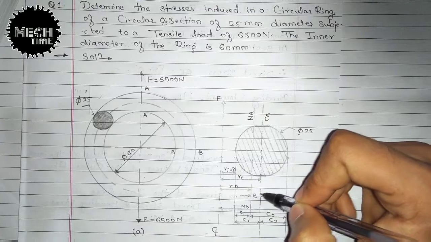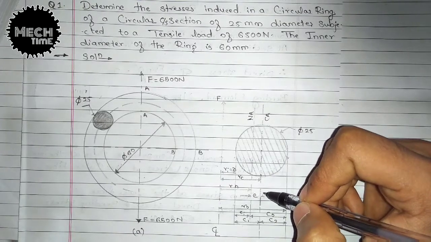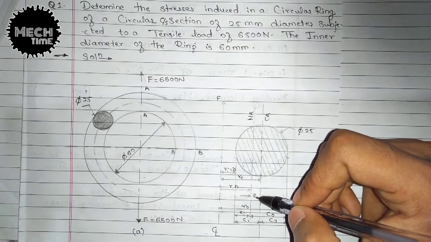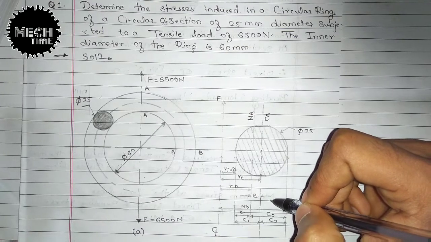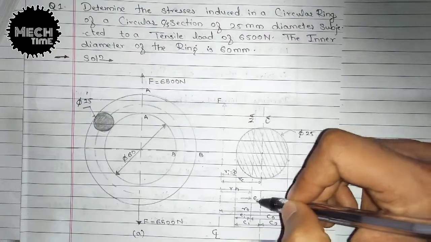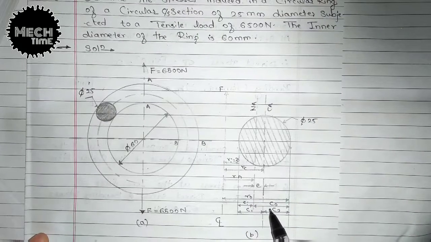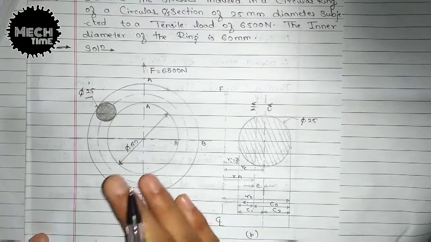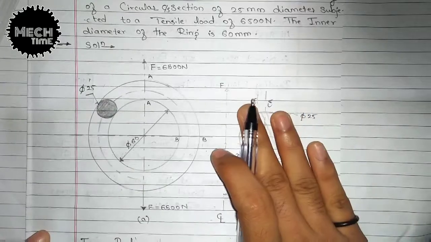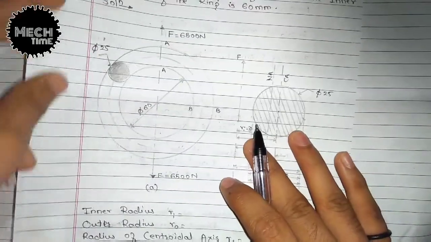Now the distance between the centroidal axis and the neutral axis is our e, as you can see here. I am not going to tell everything here because you can check my last videos. So once I have redrawn the section, now we'll move to solve the problem.